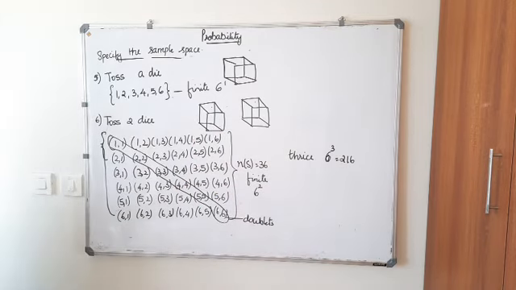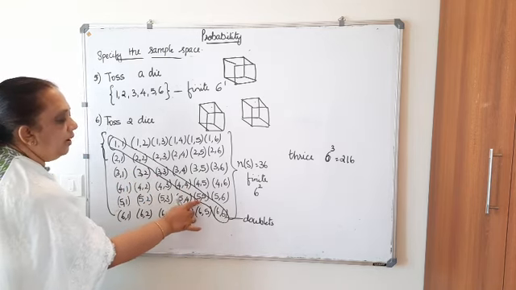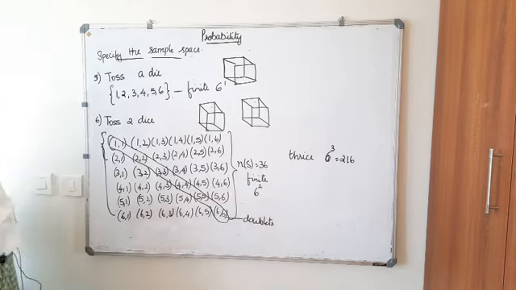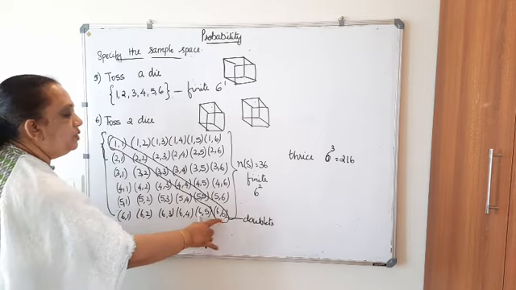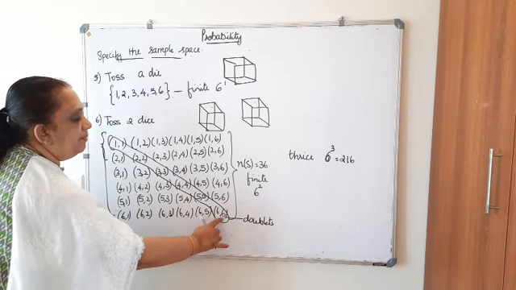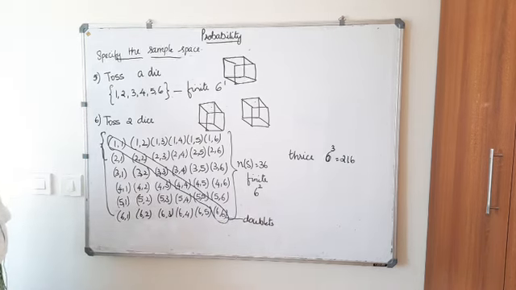So, when a pair of dice is thrown, the doublets are 1 1, 2 2, 3 3, 4 4, 5 5, 6 6. Now, when you add the upper faces on the dice, the maximum sum that can be obtained is 6 plus 6, which is equal to 12.